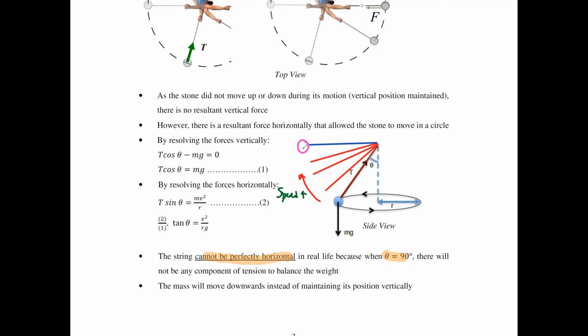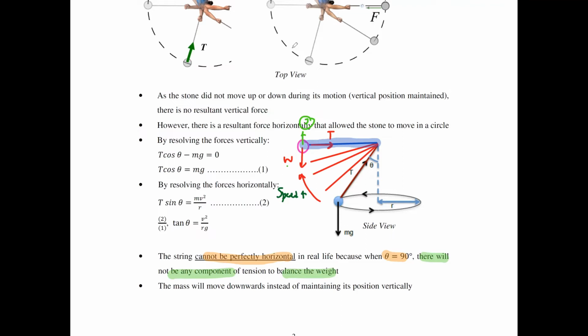The mass has its own weight W, and then you also have tension T inside the string, right? So if you consider the case where your string is perfectly horizontal like this, there's no force balancing your weight. So it won't maintain a horizontal position. There's no component of tension balancing the weight.